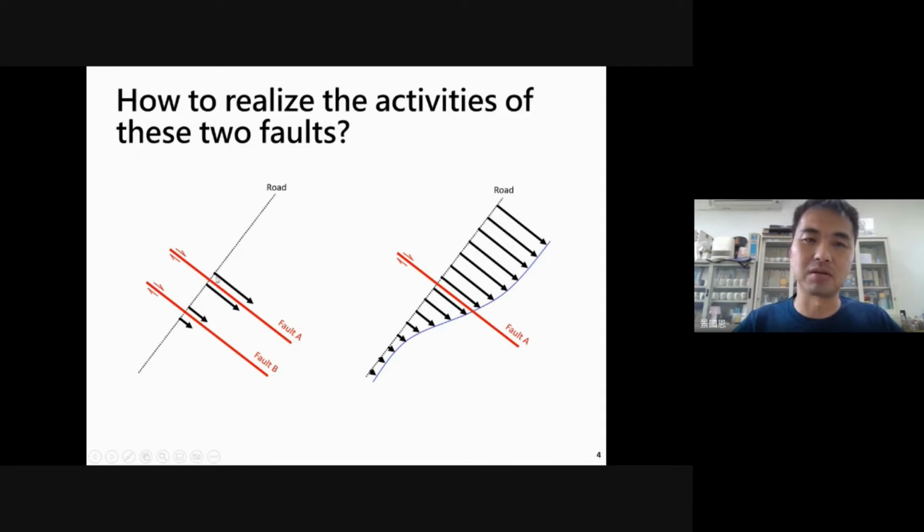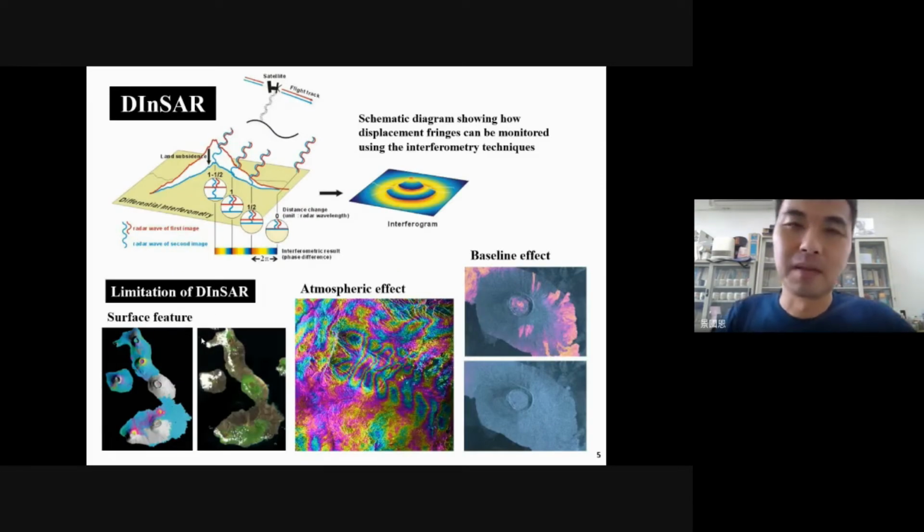If you use two points to identify the activities of these faults, then you may be wrong. So this is a very, very classical introduction to how we use InSAR to detect the surface deformation.